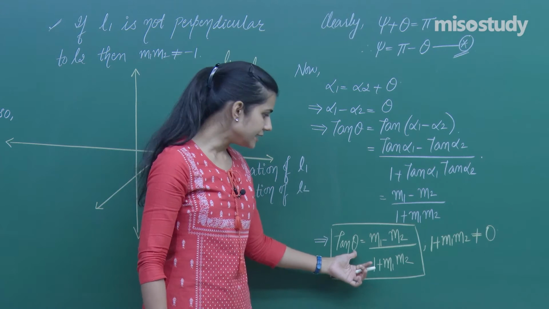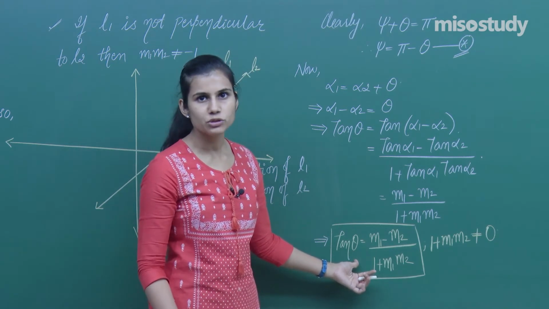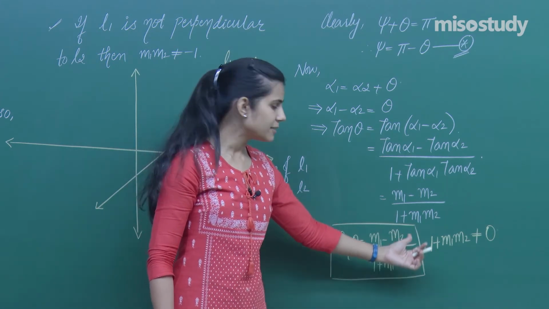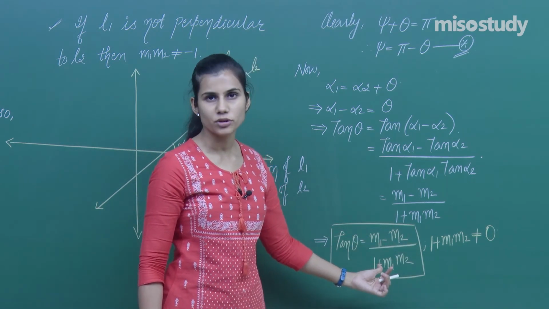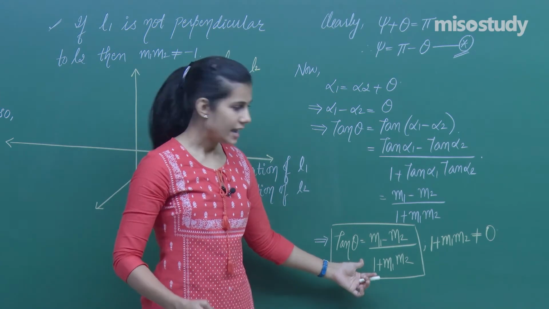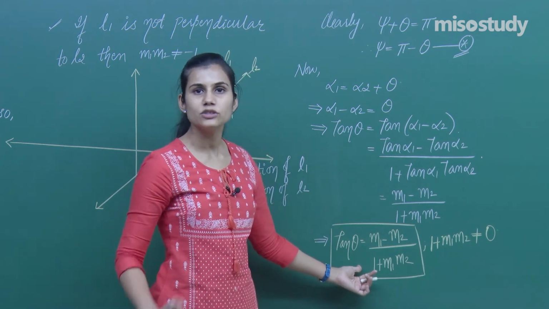That means theta is going to come out to be an acute angle or an obtuse angle. If m1 minus m2 upon 1 plus m1 m2 is a positive real number, theta will be an angle from 0 to 90. If it is a negative real number, theta will be an obtuse angle from 90 to 180.